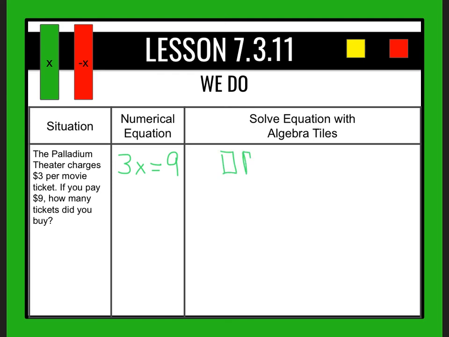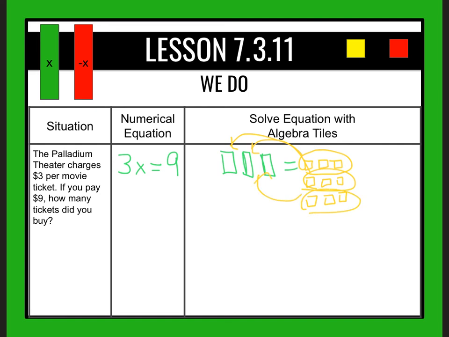So once again, I can set up 3x equals positive 9, $9 that were spent, and I need to figure out how much 1x is worth, because x is representing the number of tickets that I purchased. Once again, 3 times a number equals 9, so the inverse of that is to divide, right, my 9 by my coefficient of 3.